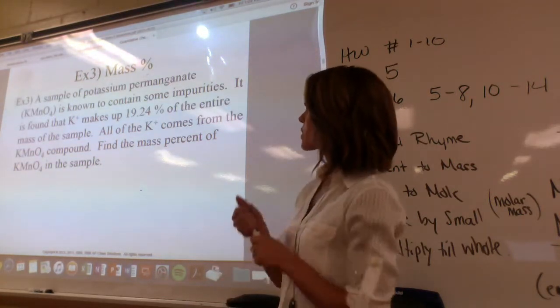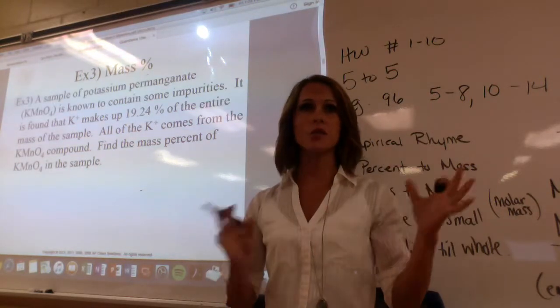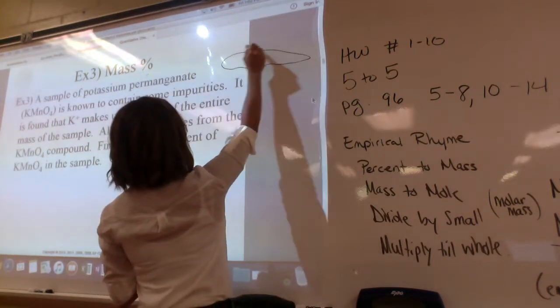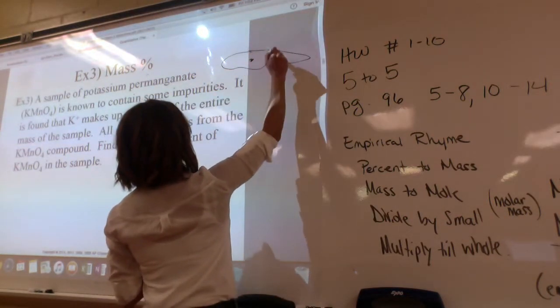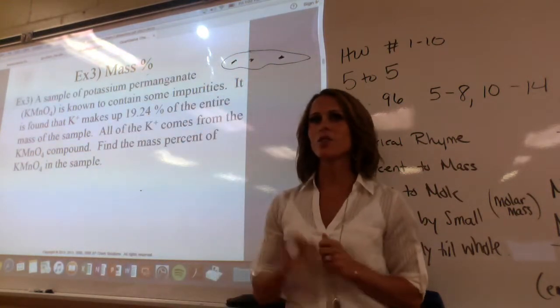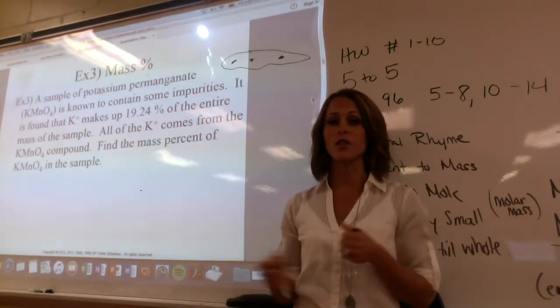And this sample is known to contain some impurities. So I like to draw pictures when I do any sort of solving, and I want to visualize what's happening. So I have a sample, and in it there's some impurities. So I literally would just draw something like that. So I'm visualizing that there's not just this one thing in there, there's other stuff in there also.